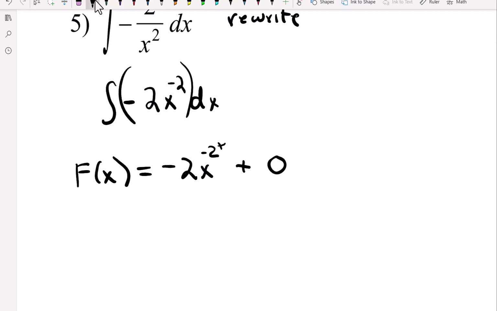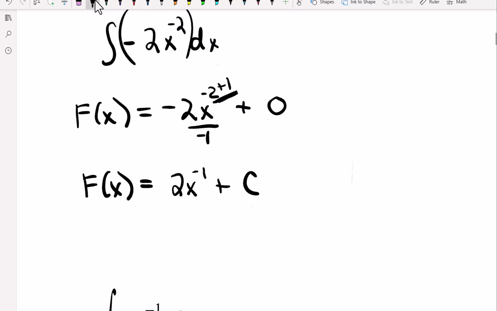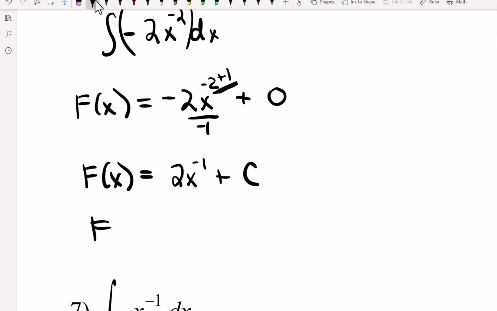So I'm going to add 1. That makes it -1. -2 divided by -1 is 2. Negative 2 plus 1, this right here, is negative 1. And then I'm going to rewrite that. So this says 2 over x, just like that.